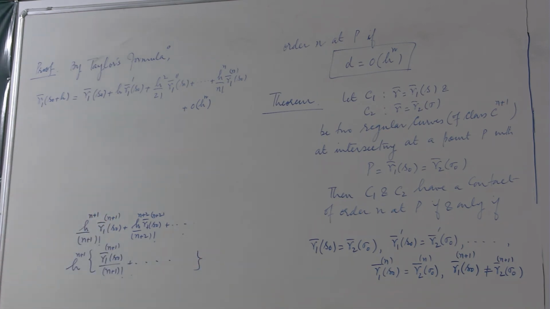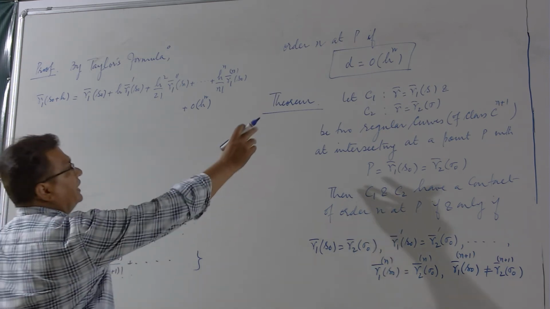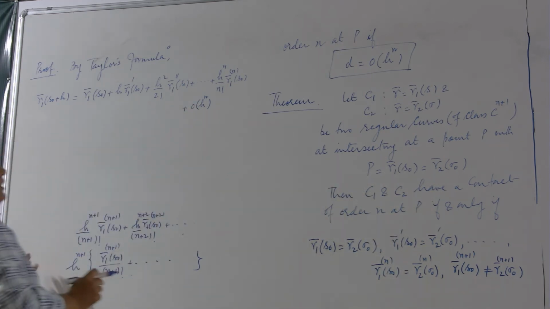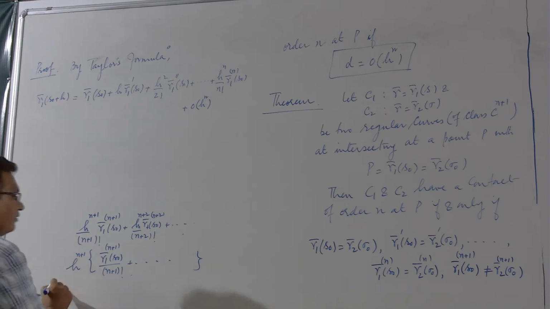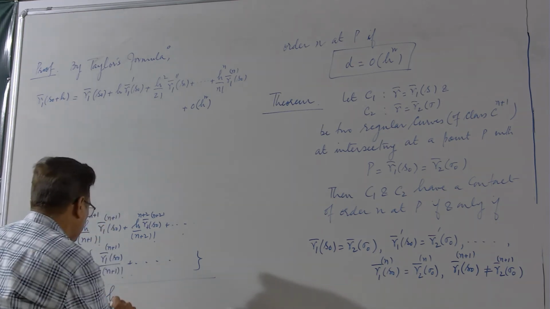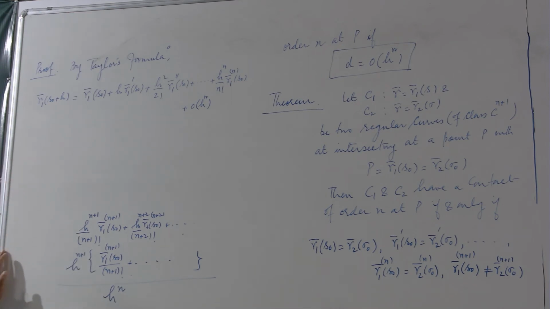Now, in order to see whether this is a term of the order of h to the power n or not, what do you do? You divide. This is the term which I am saying is a term of order h to the power n. To confirm it, I will divide the whole of this by h to the power n.